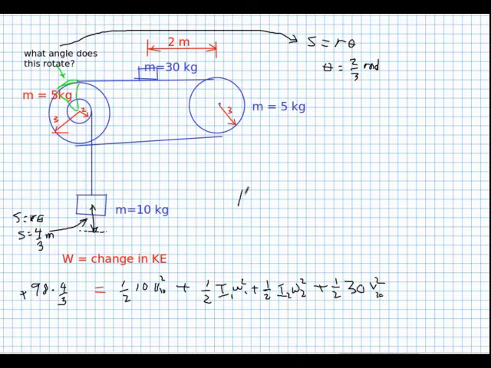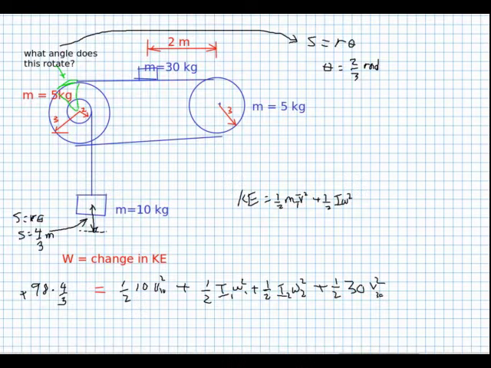We had kinetic energy was 1/2 the total mass times the velocity of its center of mass squared, that was the translational piece, plus the rotational piece, which was 1/2 I omega squared. This is the kinetic energy of a particular solid object.